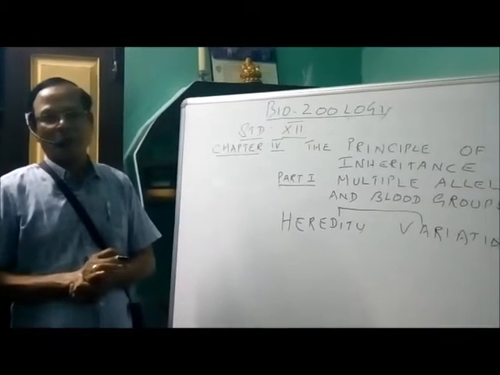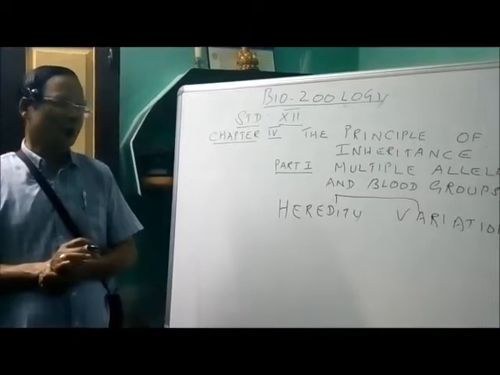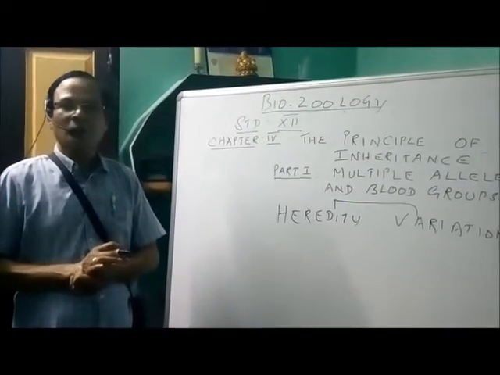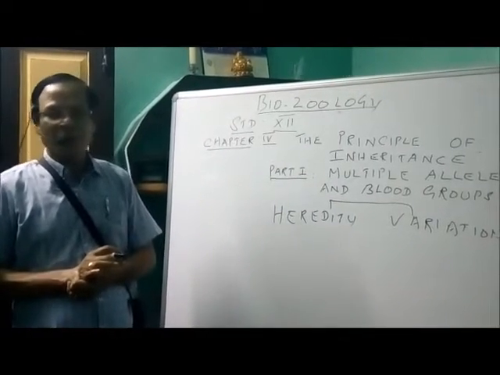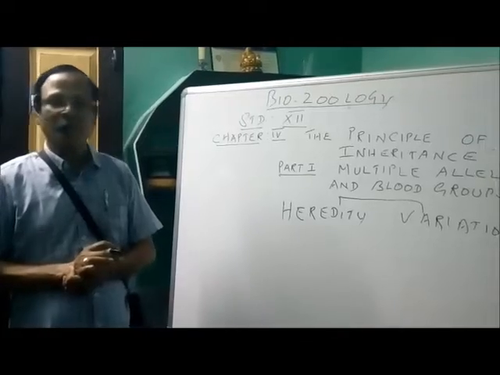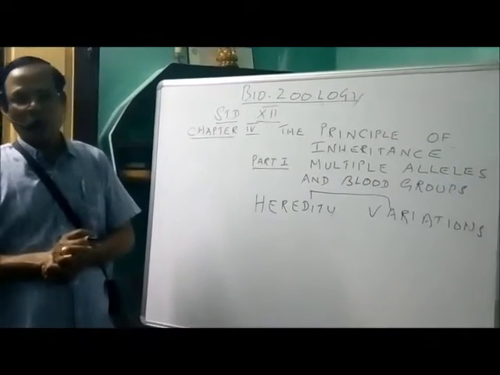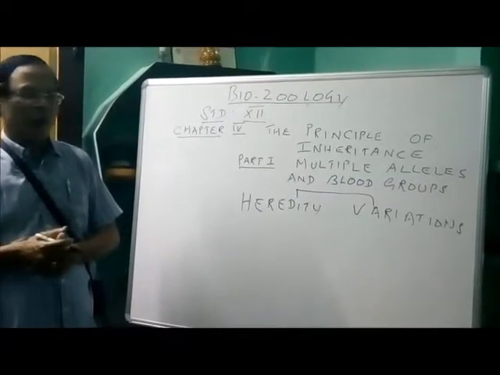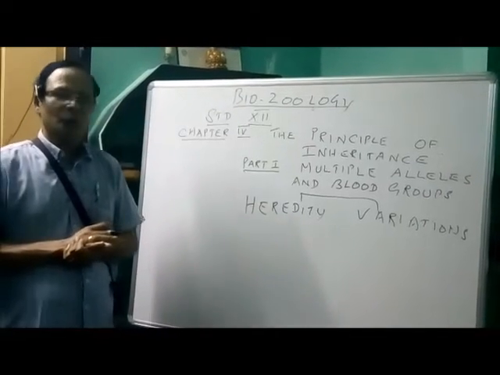One may be black, one may be red, one may have patches of red and white or black and white. Not all the puppies are similar in their morphology, anatomy, physiology, behavior, etc. Such differences between the parents and the young ones, even among the young ones, is called variation.